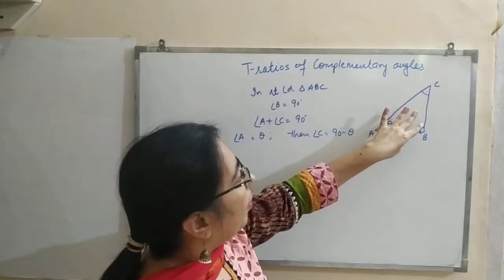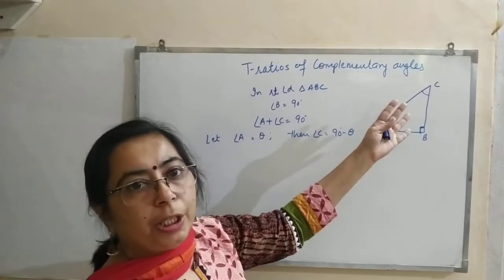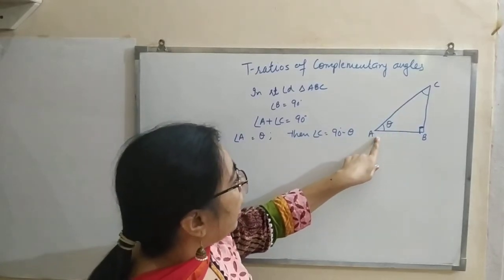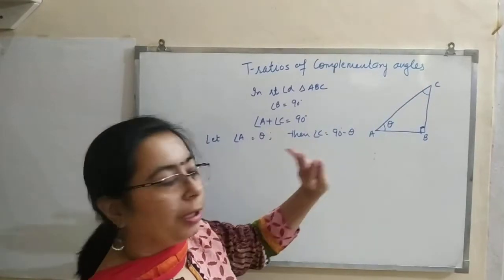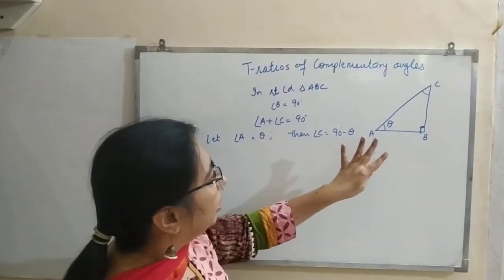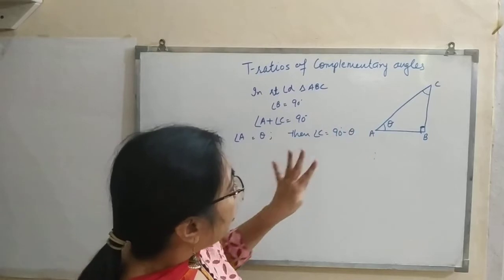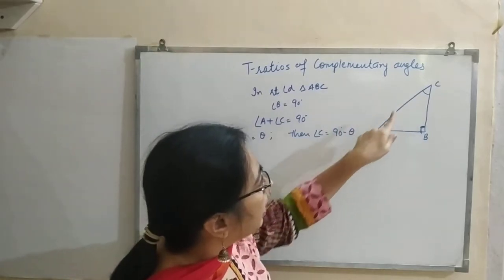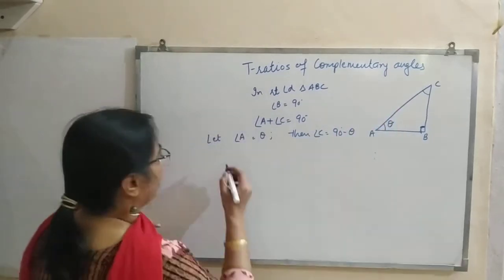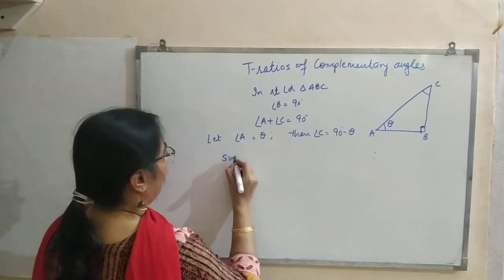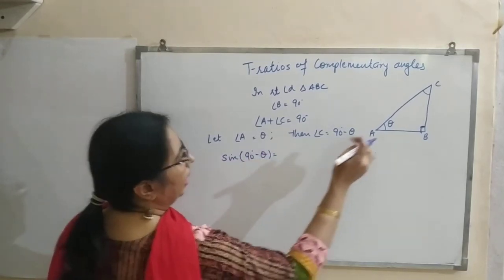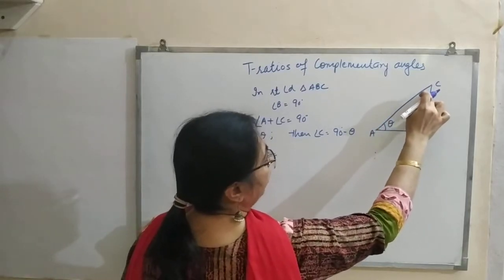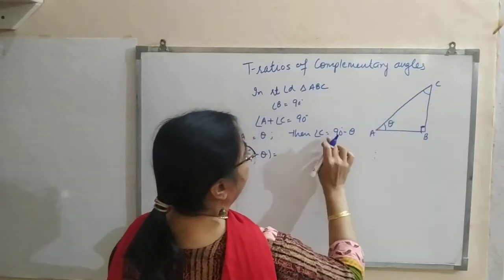Now in this same angle, what will be the T ratios, taking A as angle or C as angle, and what will be their relation? We have to establish that. I am directly writing the relation between these angles and the T ratios. So if I take sine of 90 minus theta, sine of this angle, this is angle C. C is 90 minus theta.